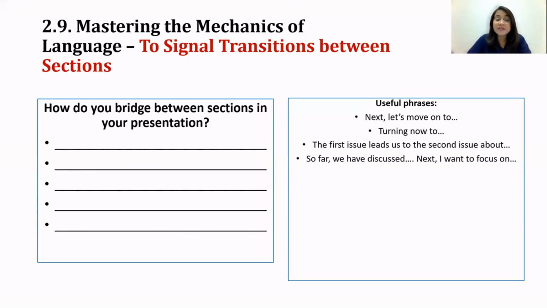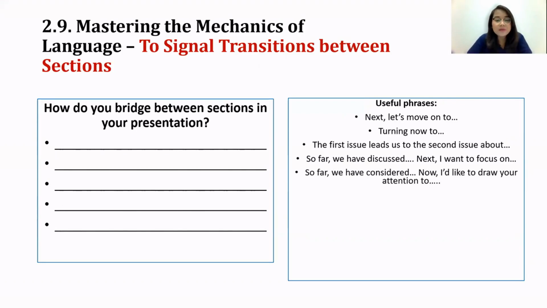So far, we have discussed this section. Next, I want to focus on next section. Okay, so in this phrase, the first blank is filled in with the topic of the previous section, while the second blank will be about the next section topic.